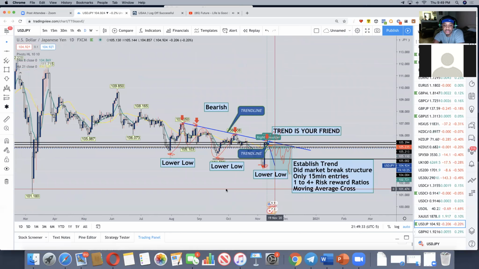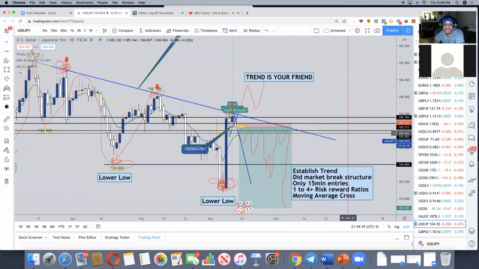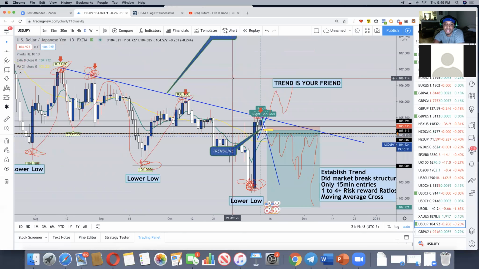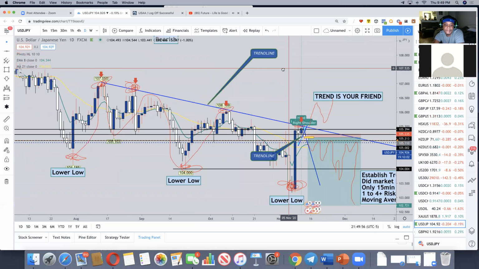Remember, that's also a fundamental. We only enter trades at 1 to 4 risk reward ratios. It has to make sense. You don't want to trade for $100 to make $100. You don't want to risk $100 just to make $100. You want to risk $100 to make 300, 400, anything after that.